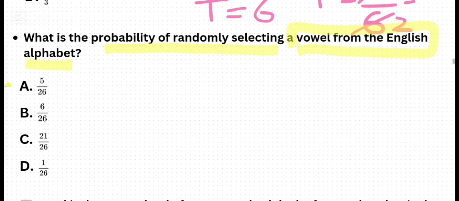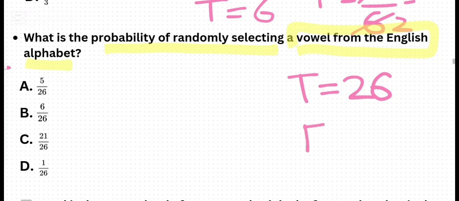So everyone knows the English alphabet has 26 letters. So the total, T, is equal to 26, right? And in English there are a total of 5 vowels, because they are asking what are the chances of a vowel from the English alphabet.